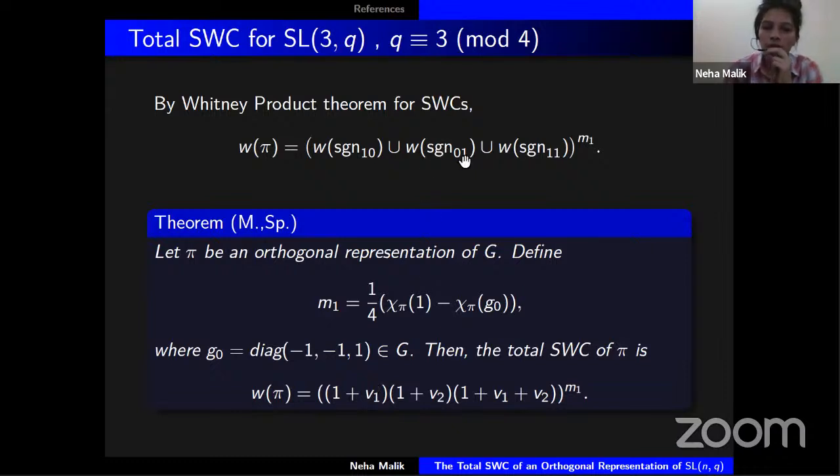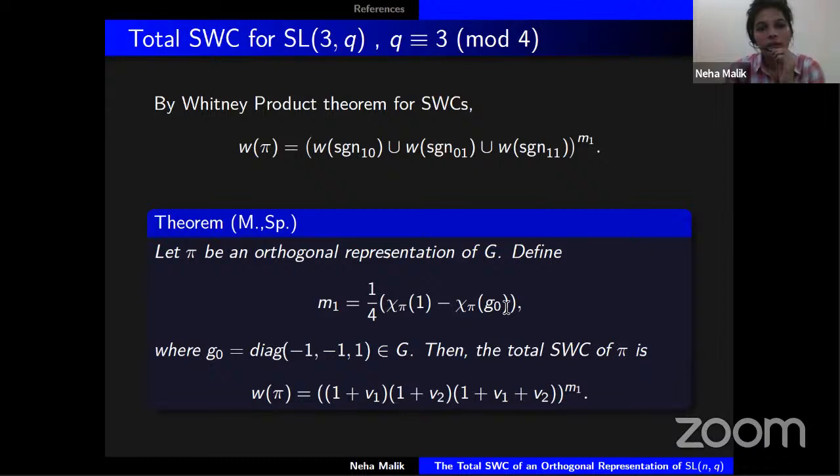Similarly, W of sine 01 is 1 plus V2, and W of sine 11 is 1 plus V1 plus V2. So we got this formula, but we can also do some small calculations to say what this power m1 is, and we can express this m1 in terms of the characters or character values of pi, where this g0 is the diagonal element (-1, -1, 1) inside GL3.